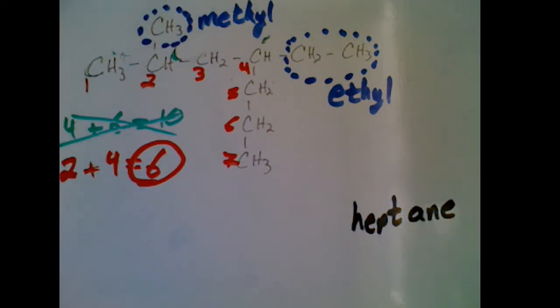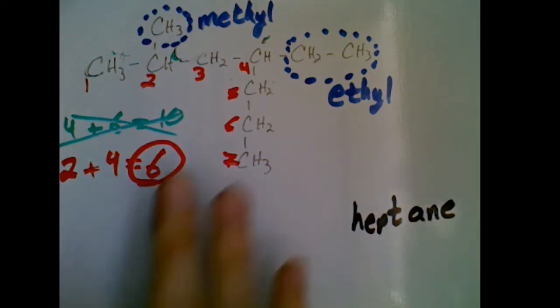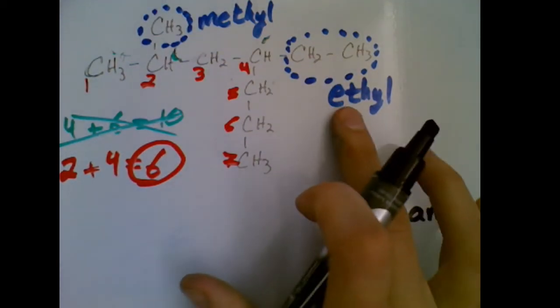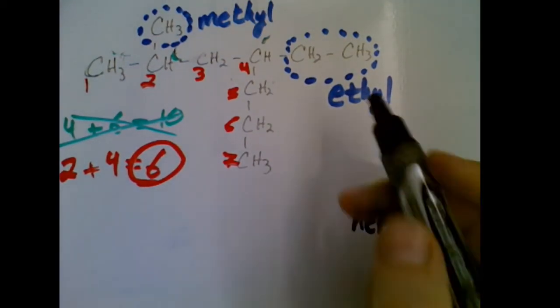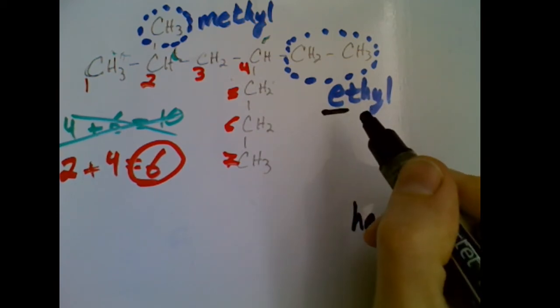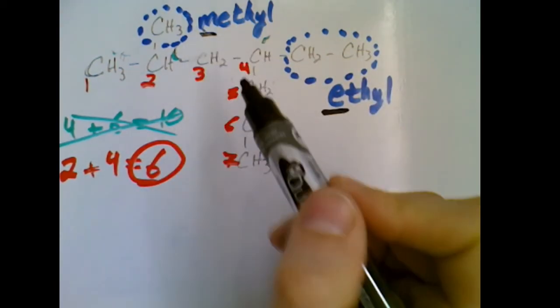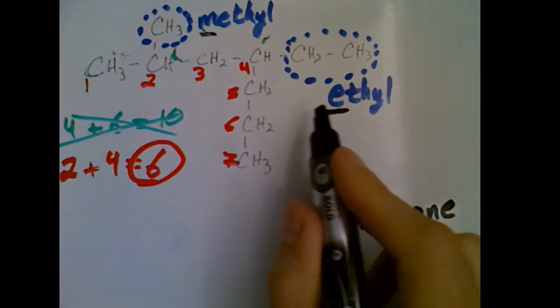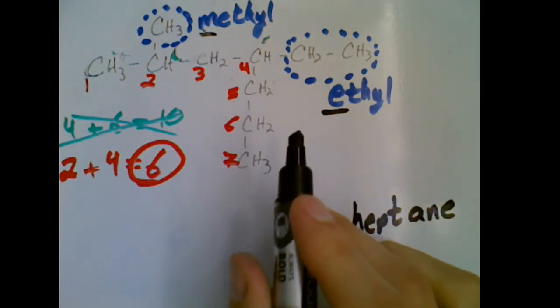Okay, so then what we want to do is add the name for that, and we have 2-methyl, 4-ethyl. What we're going to do is put the ethyl at the front of the name because alphabetically it comes before methyl. So if you have more than one of these things, the one that alphabetically comes first goes first.